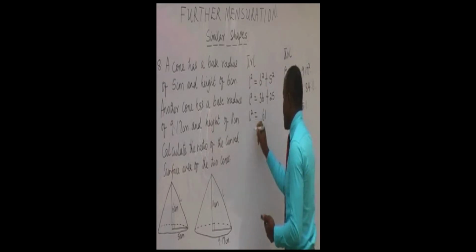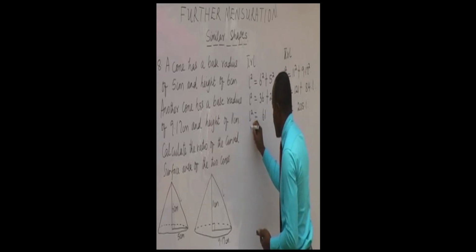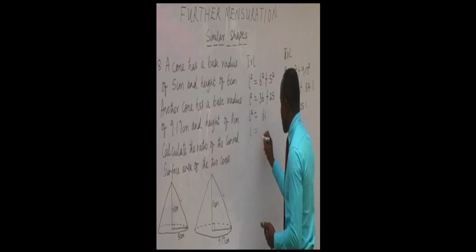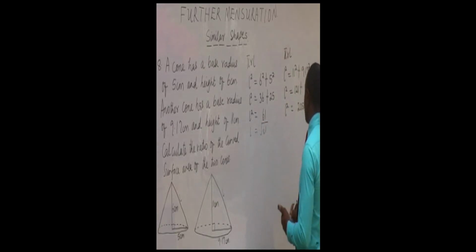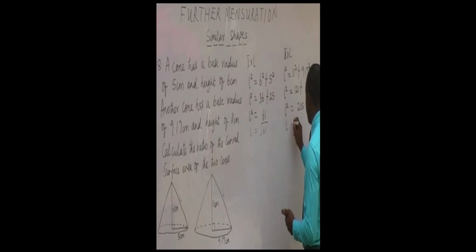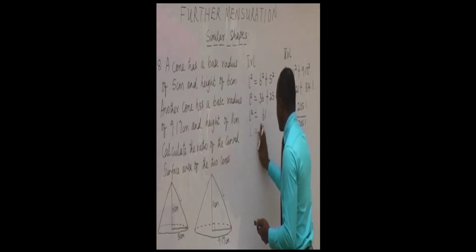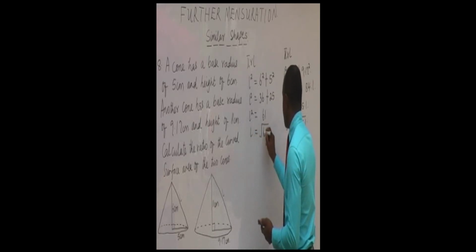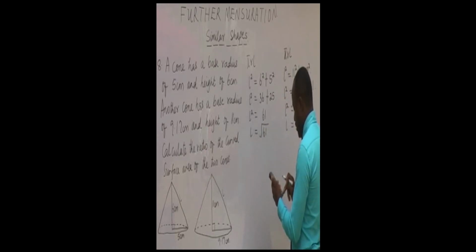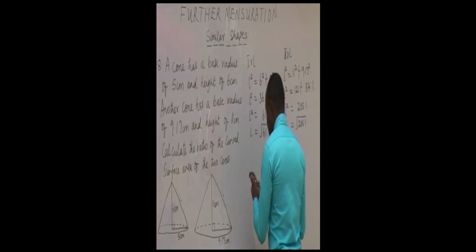Now if you take the square root of both sides, you'll be left with only L on the left hand side of the equation, and on the right hand side you have the square root of 61. Likewise here, you have L on the left hand side, and on the right hand side the square root of 205.1. So L is equal to the square root of 61, which is 7.81.